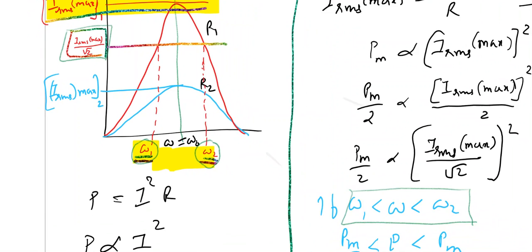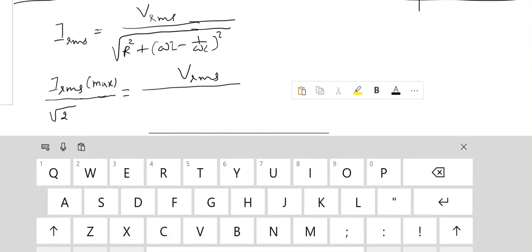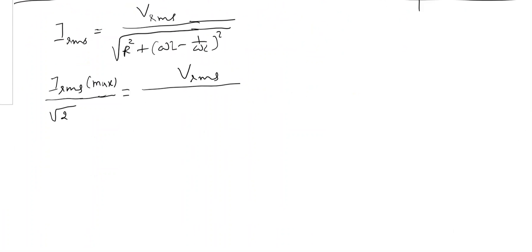For now I am considering the frequency to be omega 2. So I will write this equation as under root R square plus omega 2L minus 1 by omega 2C whole square.